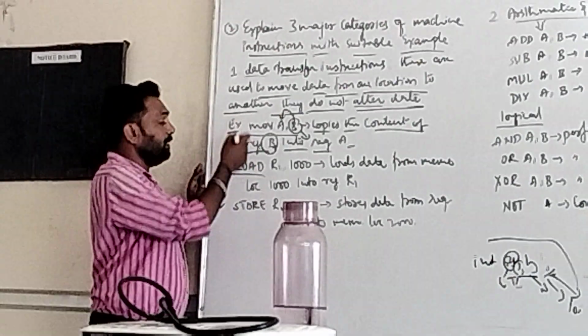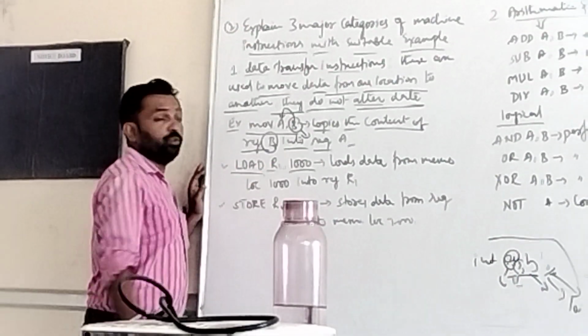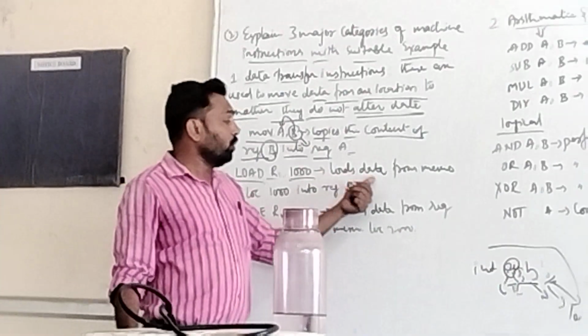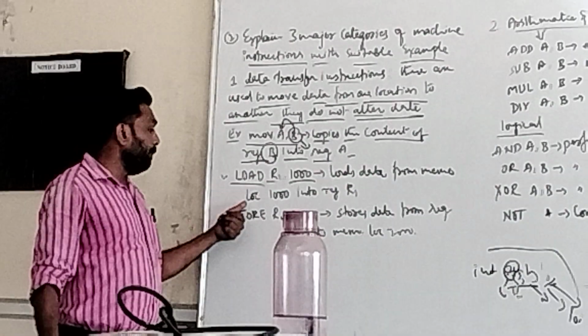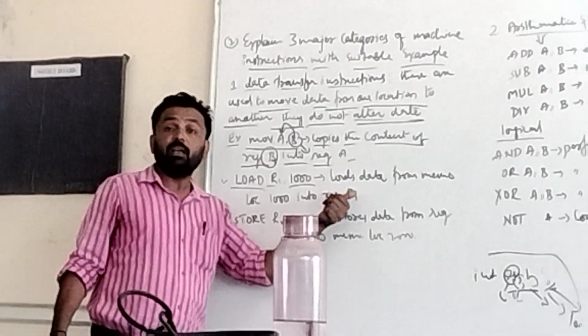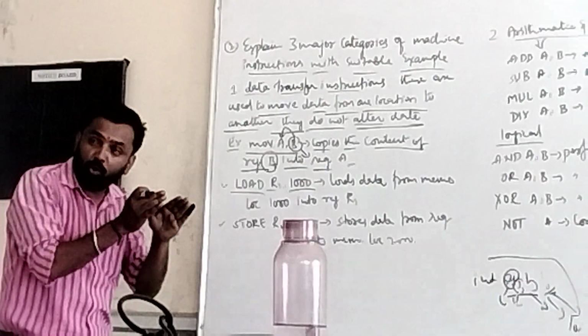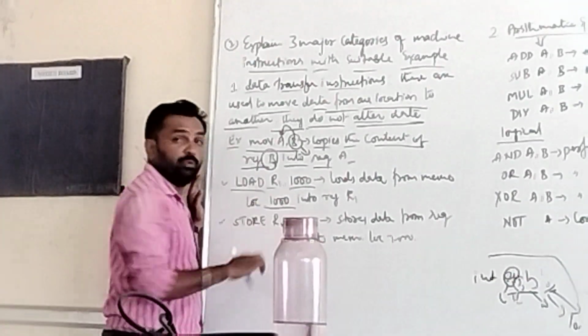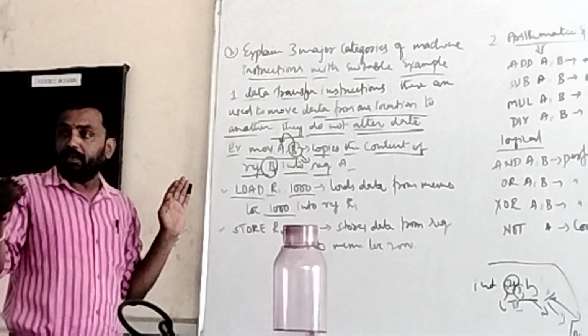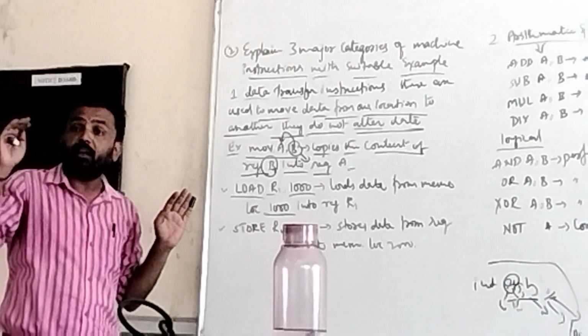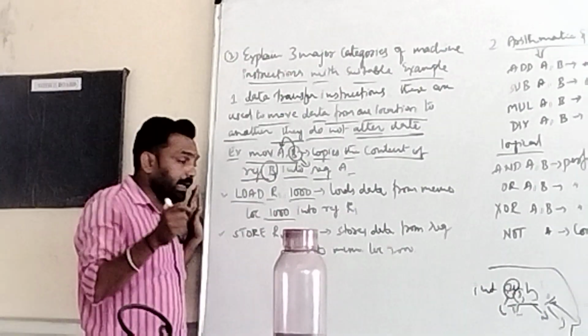Another example is LOAD R1, 2000. It loads the data from memory location 2000 into register R1. Some data is stored at that address of the memory. The data stored at address 2000 is loaded into register R1. Here, earlier, I directly wrote register B, but this is not a register, this is the location of the address where your data is stored.